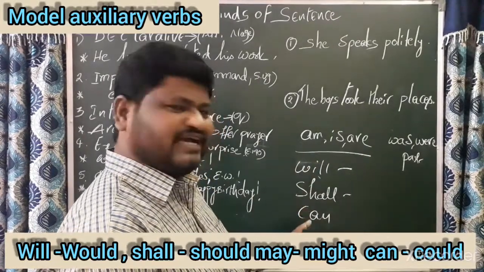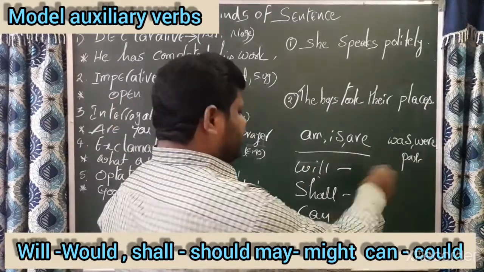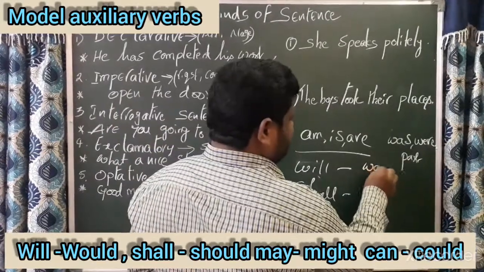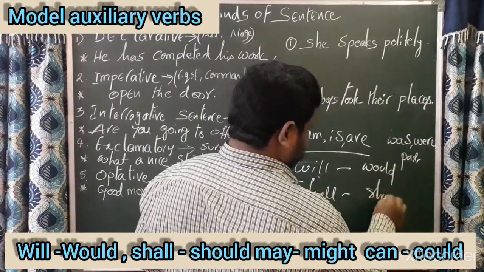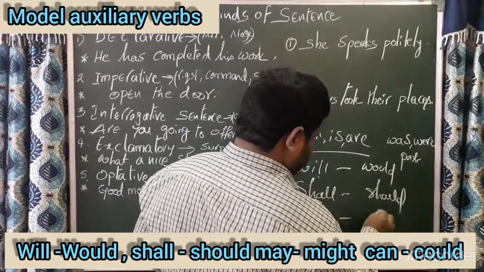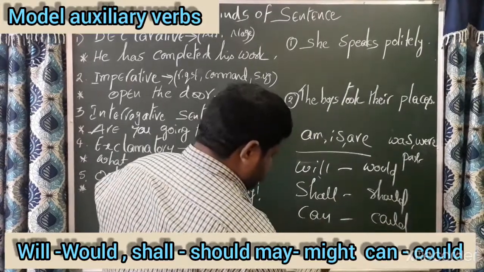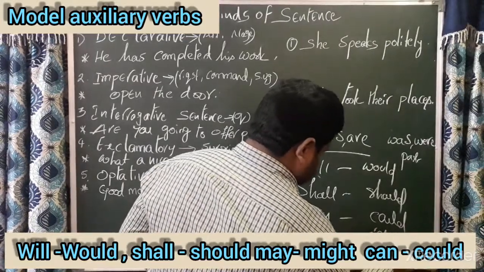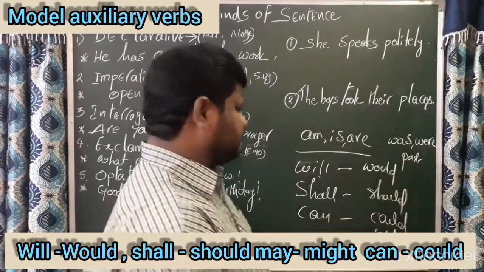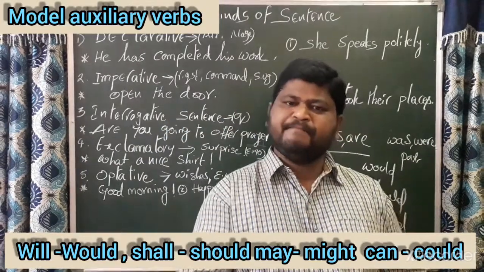Will, shall, can we use in the present tense, and in the past tense: will, would; shall, should; can, could. And next may; in the past tense we use might. Will, would, shall, should, can, could, may, might.